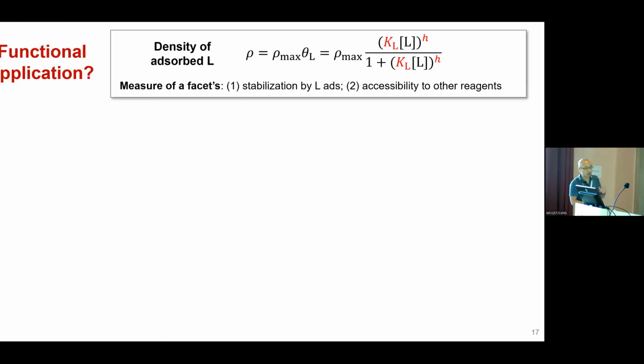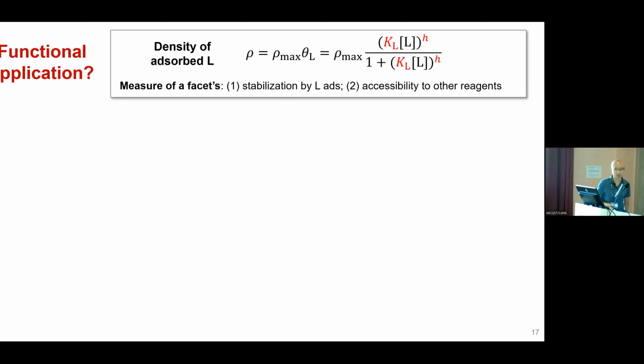Now let's take a step back, looking at, again, molecular adsorption behaviors, how we understand it in theory. Typically, the density of adsorbed ligands is the maximum possible density multiplied by the fractional occupation theta. Now, this fractional occupation is quantitatively describable by the adsorption equilibrium constant and also the Hill coefficient.